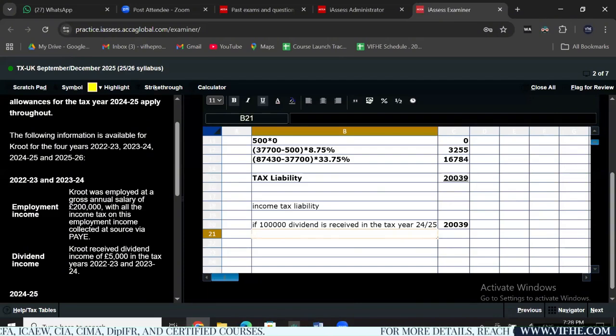So if instead of 5,000 they received 55,000, I mean £50,000 was additionally received, one thing is that additional rate of tax will be charged on this £50,000, and secondly, no nil rate band would be available against this £50,000 because it is already consumed against the regular dividend figure.